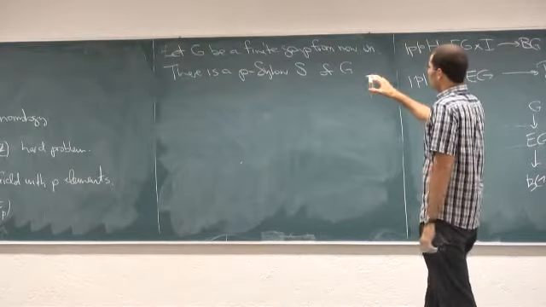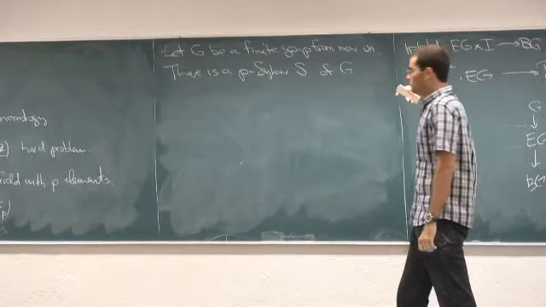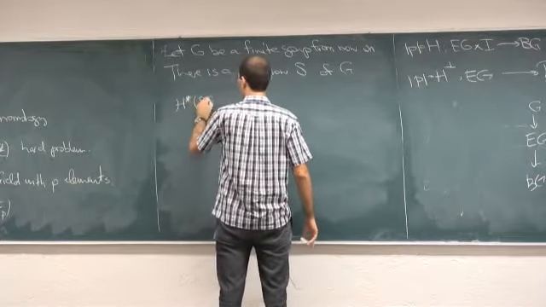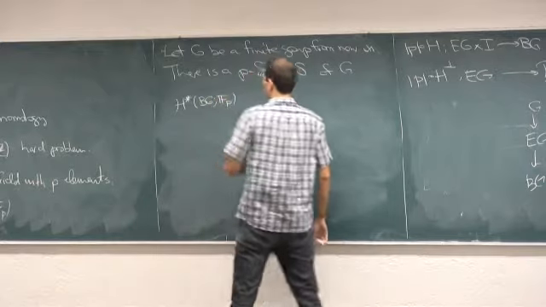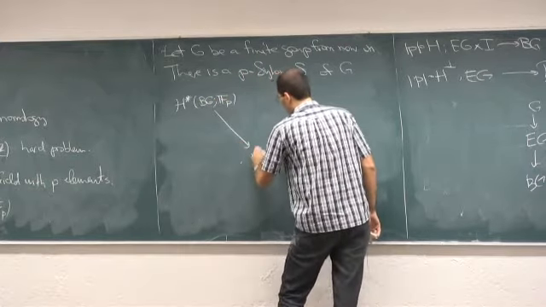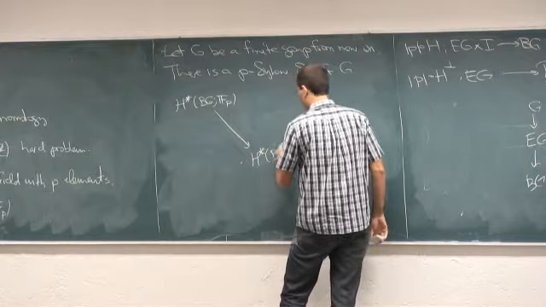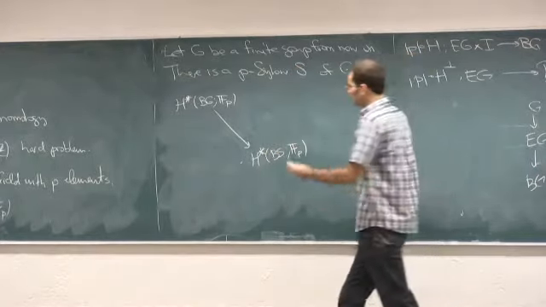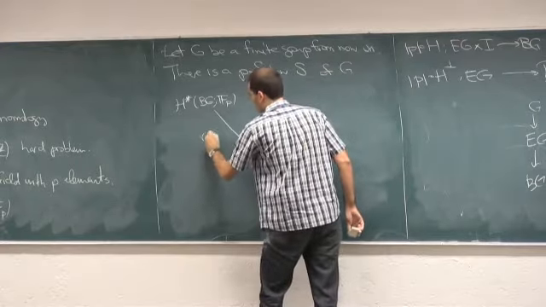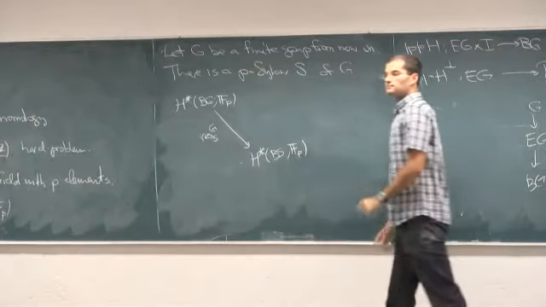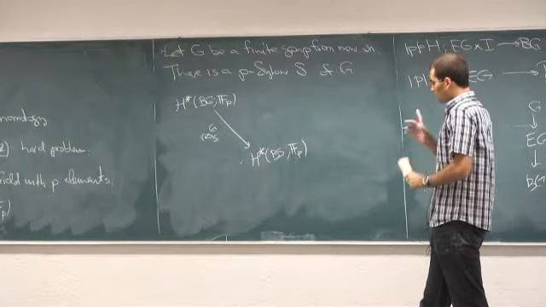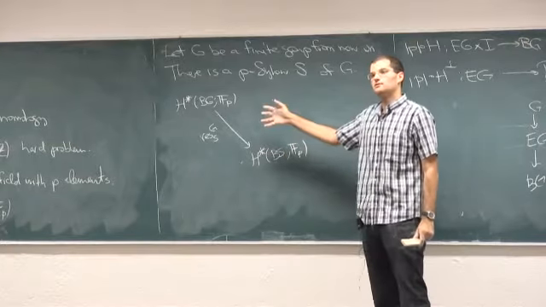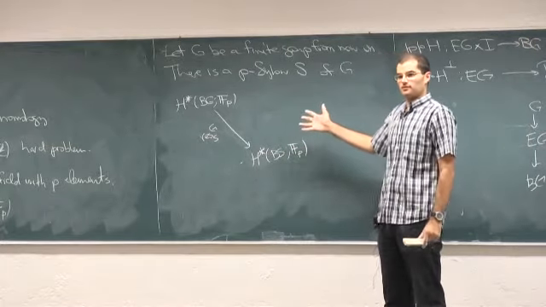Well, let's consider what happens when we look at the inclusion of S into G. So on one hand, we have the map induced by the inclusion, which goes the other way, right? So let me call this the restriction from S to G. But on the other hand, I also proved that the inclusion of BS into BG is a covering space, right?